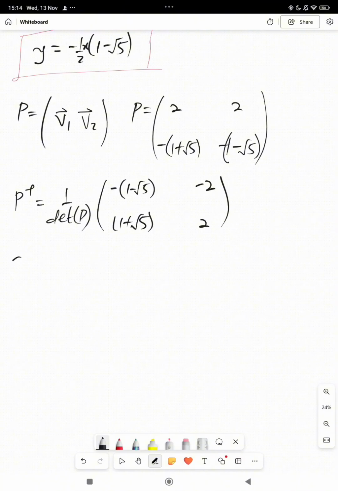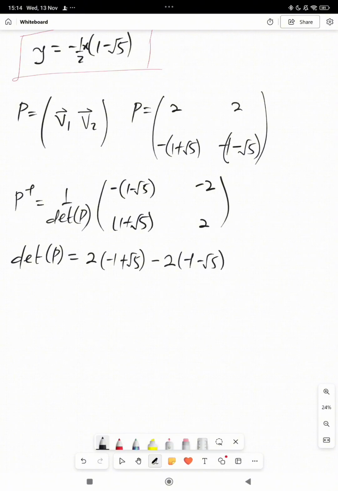Okay, so the determinant of P is given by 2 times (-1 + √5) minus 2 times (-1 - √5).